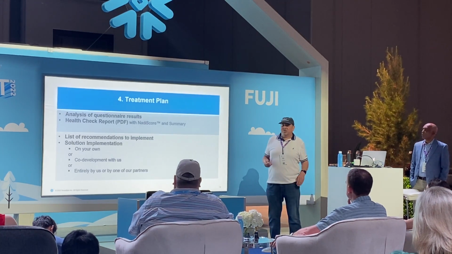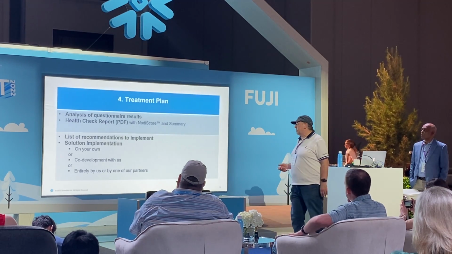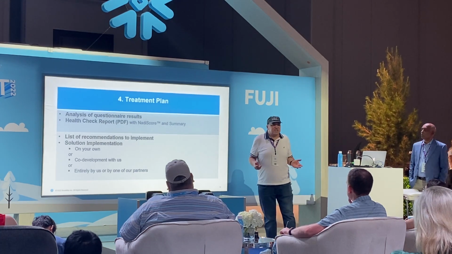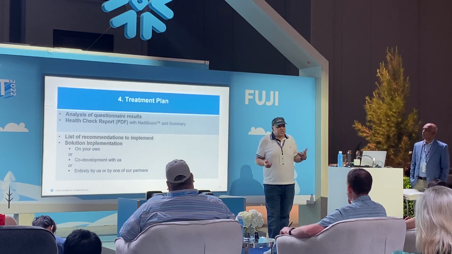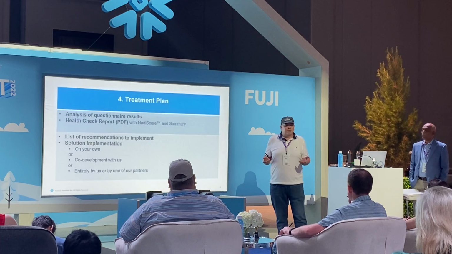Now, when it comes to the treatment plan, similar again to a physical health check, we analyze in both ways. We have a questionnaire which the executives, both business and technology, answer, and we customize it to their needs.